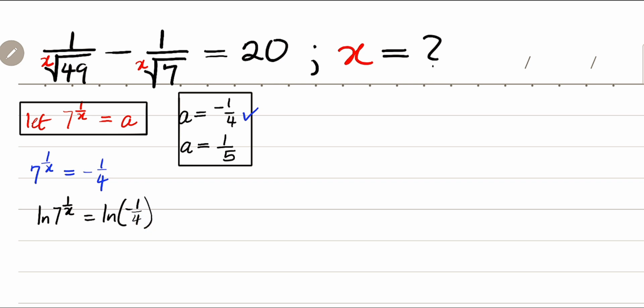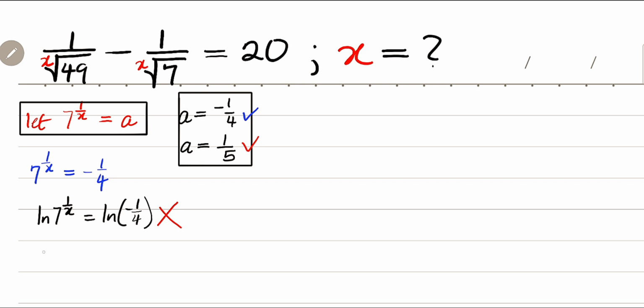Okay, now since the log of a negative argument is undefined, we can't continue, so this is invalid. So all we need to do now is to check a equals 1 over 5.